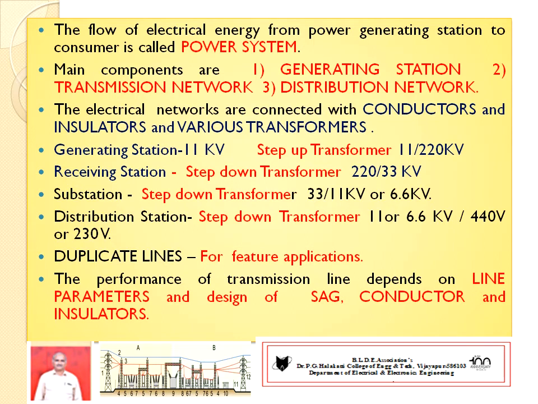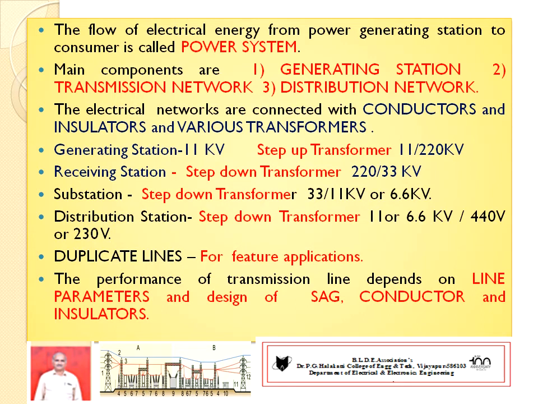So, you can remember: the generating station at 11 kV consists of a step-up transformer from 11 to 220 kV. Then power is transferred to the receiving station, which consists of a step-down transformer, so the voltage level can be reduced to 220/33 kV. From the receiving station, the power is distributed to the substation.